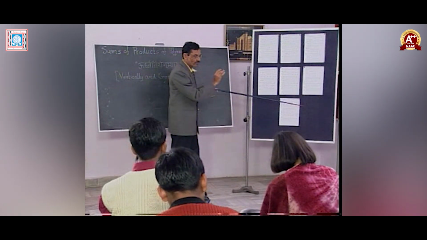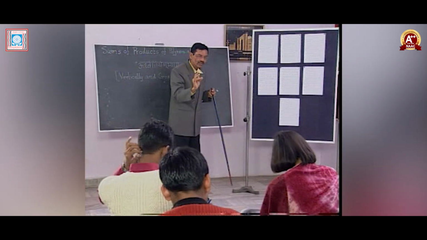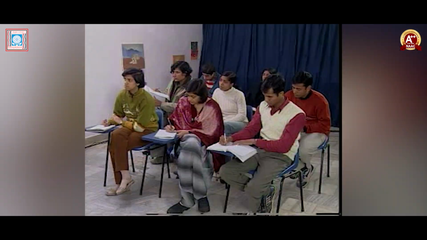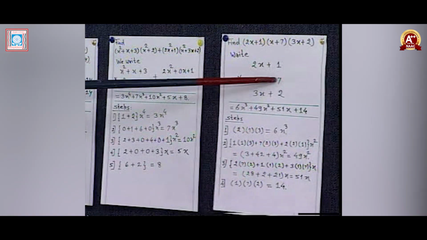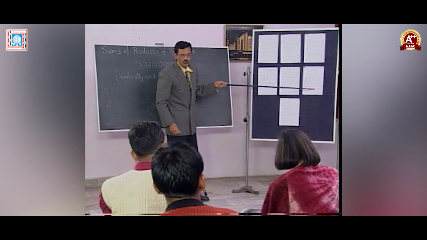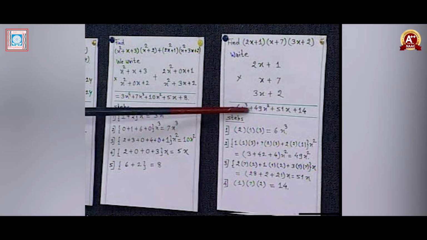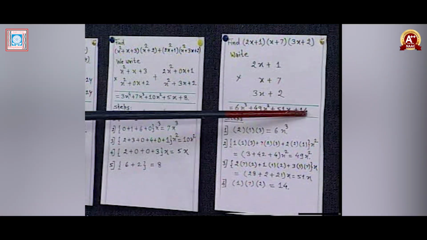I got the coefficient of x cube, I got the answer for x square, I got the coefficient of x. Now the vertical multiplication of all 3 in the end, 1 into 7 into 2, that gives 14. So the answer is 6x cube plus 49x square plus 51x plus 14.